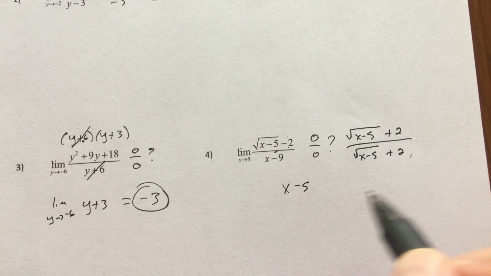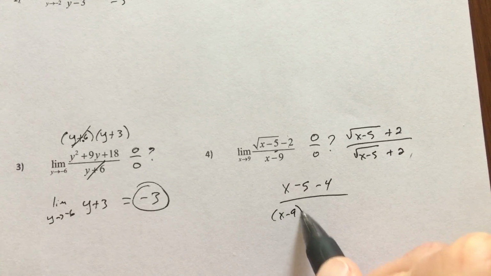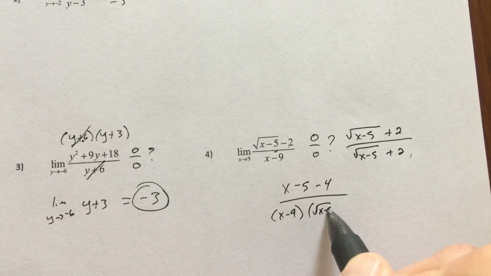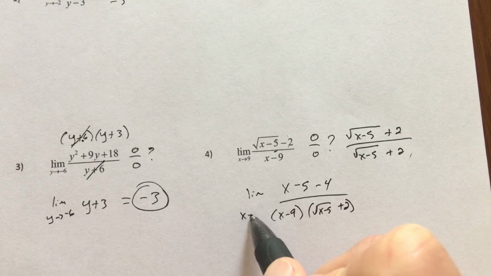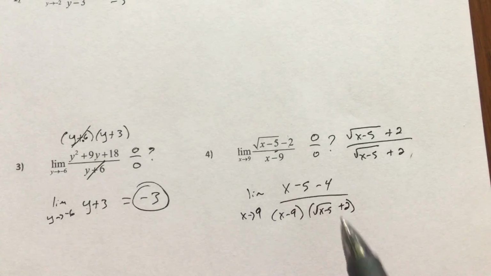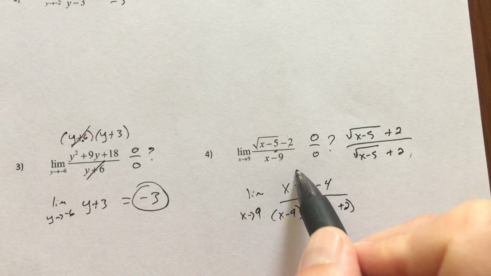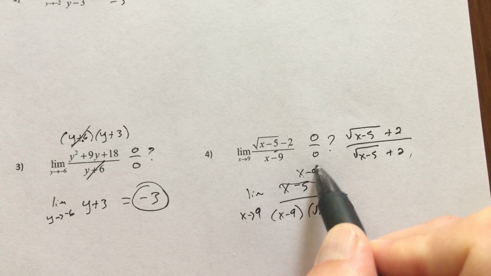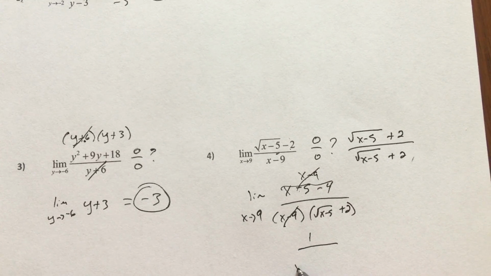And -2 times 2 is a -4. Okay. Down below, I don't want to do anything. Don't start getting silly and try to work this out and FOIL it out. You'll be sad you did, because what happens on top is I get x minus 5 minus 4, which is x minus 9, and that cancels here. And so now we have this.